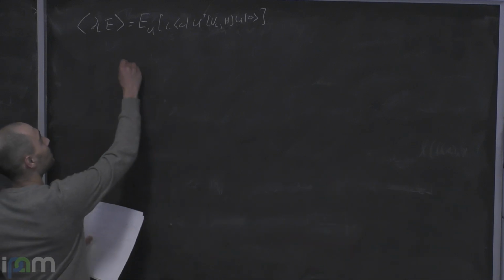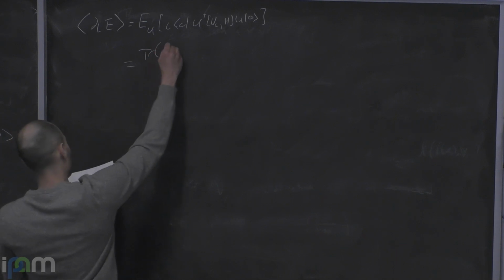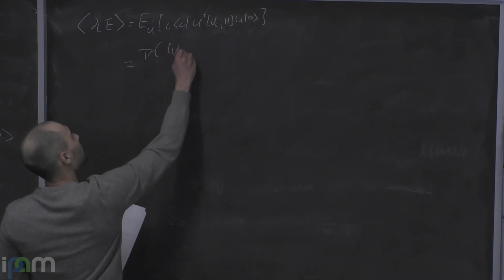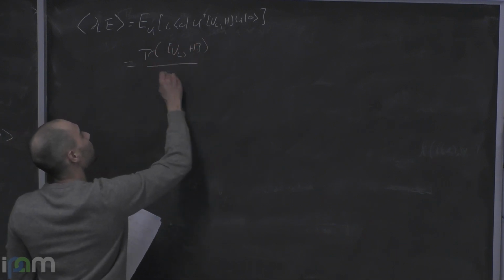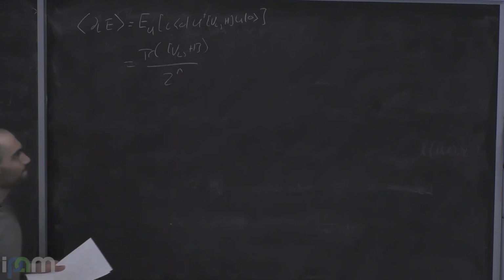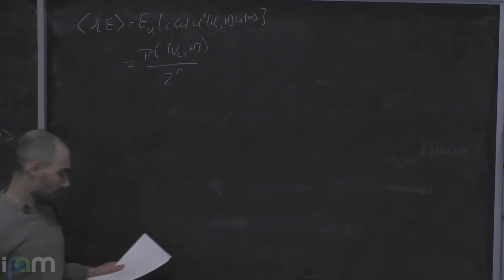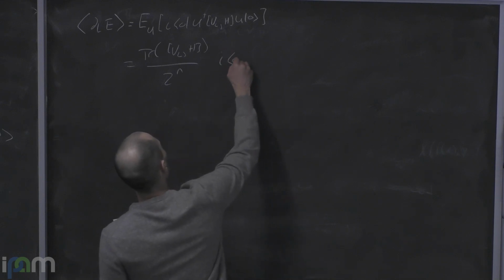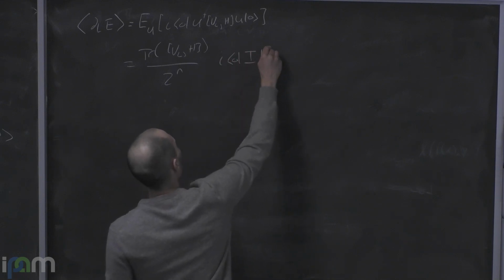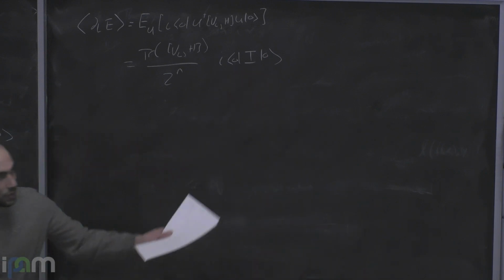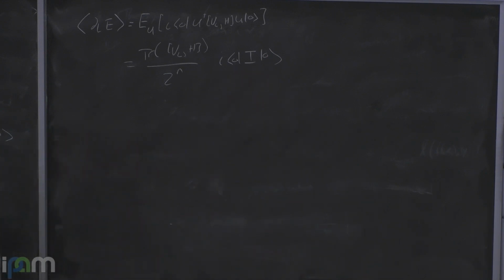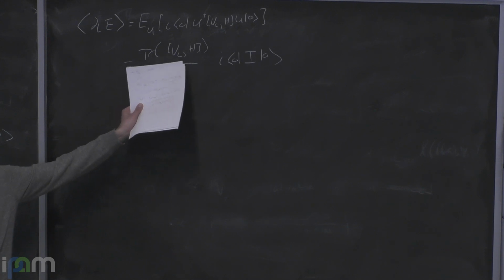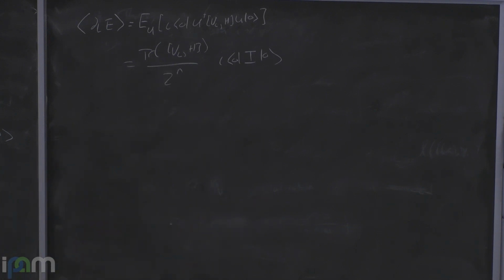So this becomes trace of VLH over 2 to the n, and then we have I0, identity, 0. This is just plugging in the formula I have for a 1-design. And notice that this trace is 0 because of just this. So this guy is just equal to 0.